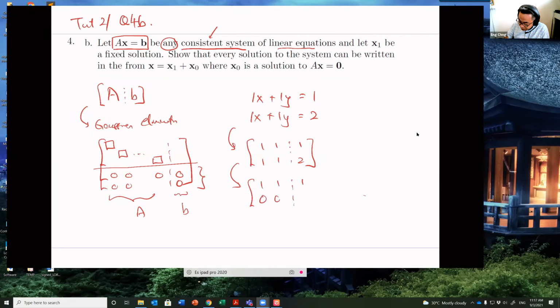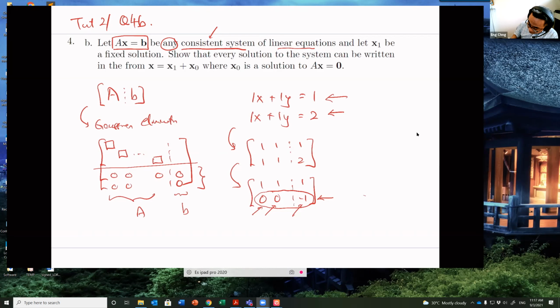Second row, 0, 0, minus 1. Can you see now? What does this mean? It means 0x plus 0y equals minus 1. That's what it means. Therefore, somewhere along the line the equations are inconsistent. They don't agree. Okay, so that's what inconsistent means here.